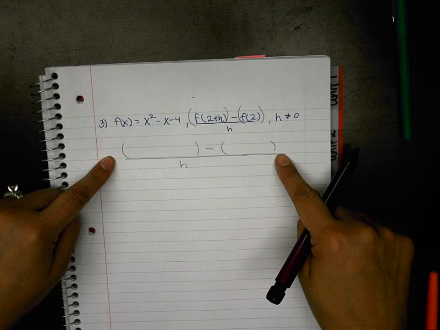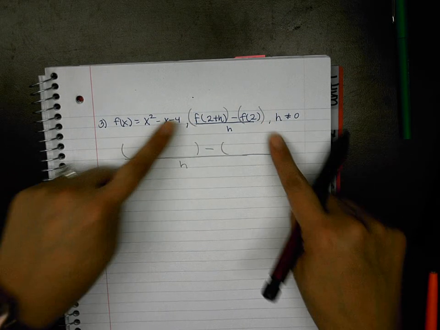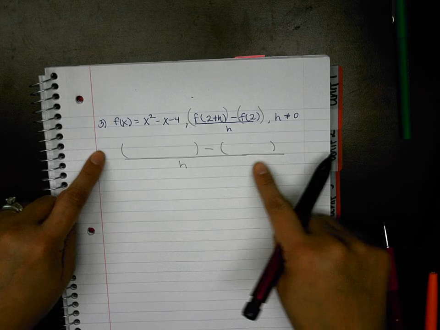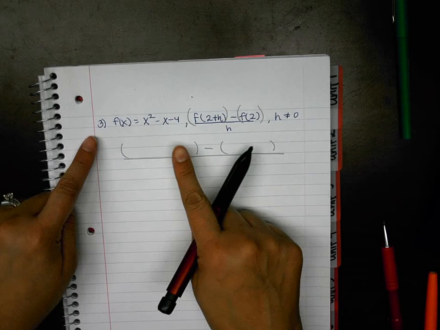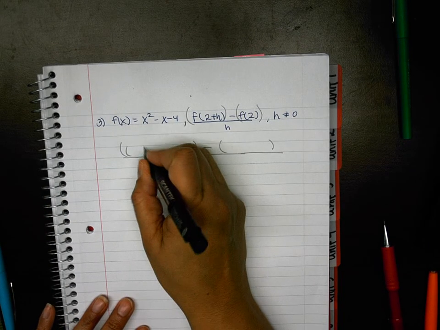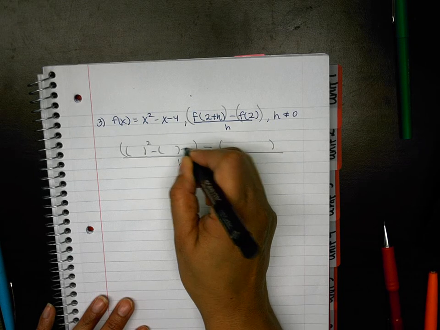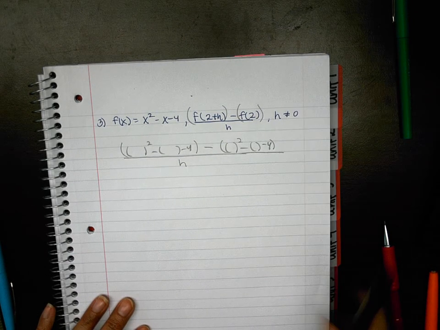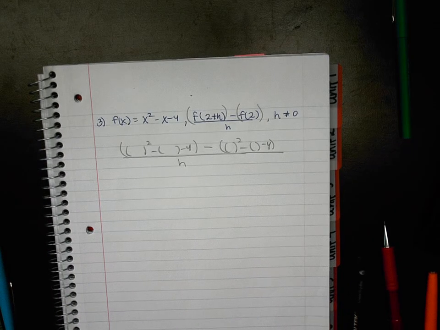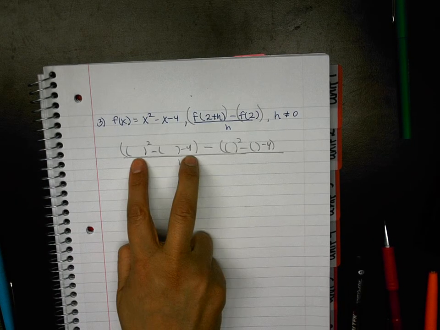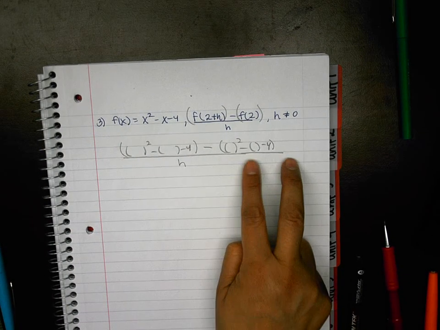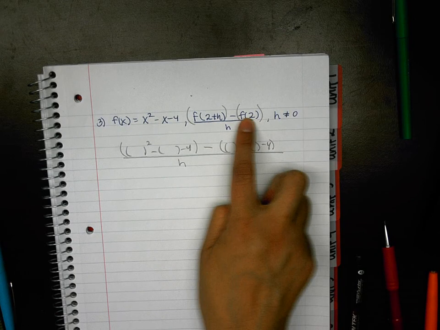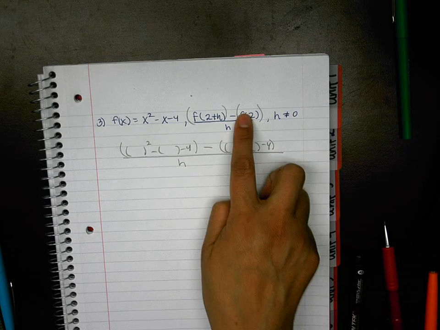This is the difference quotient, kind of like the skeleton of the difference quotient. And then inside, I set up the skeleton of my f of x. So blank squared minus blank minus 4, blank squared minus blank minus 4. Do you guys see the skeleton for the f of x function here and here? Why? Because that's where it has the f functions, in my first big parentheses and my second.